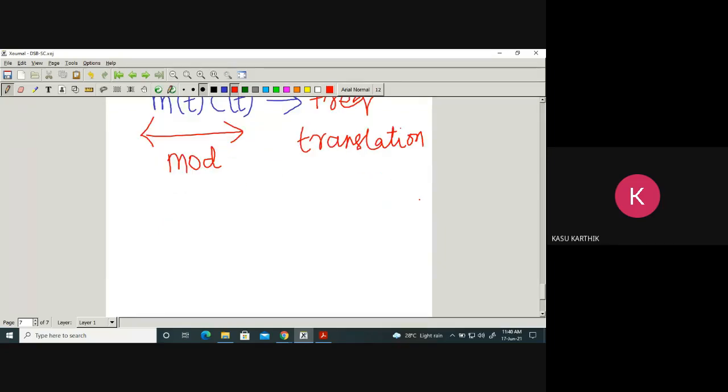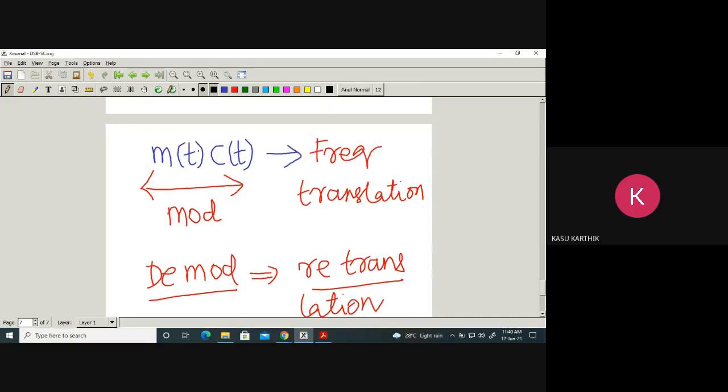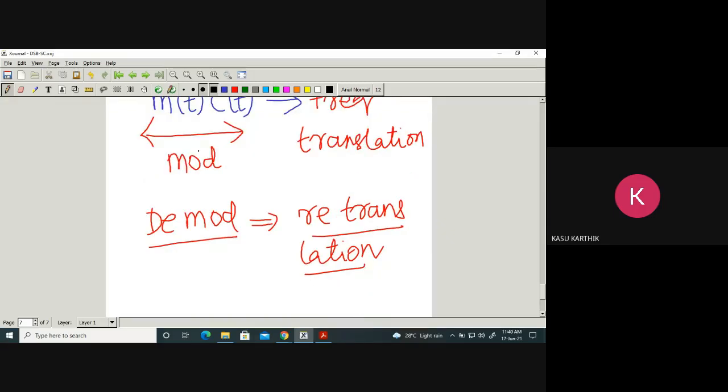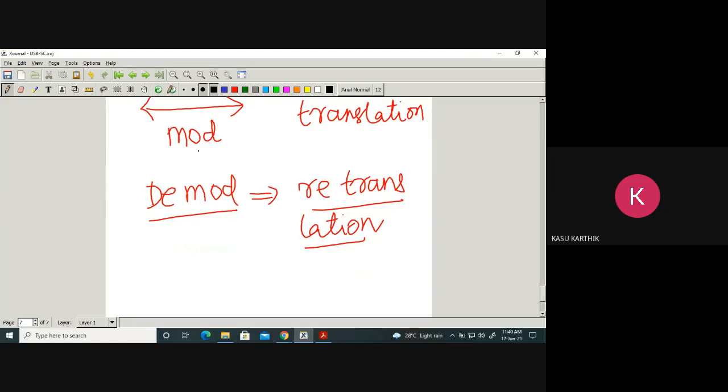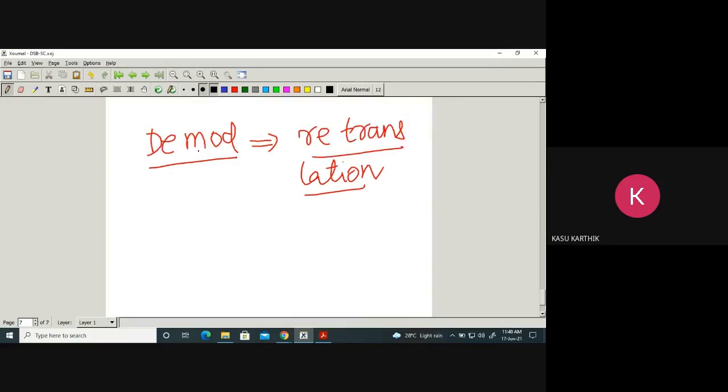Now, in demodulation, I want to have retranslation. We are translating frequency in modulation, so demodulation should be the reverse. How can you do retranslation to the original frequencies? Any logic, any suggestions?